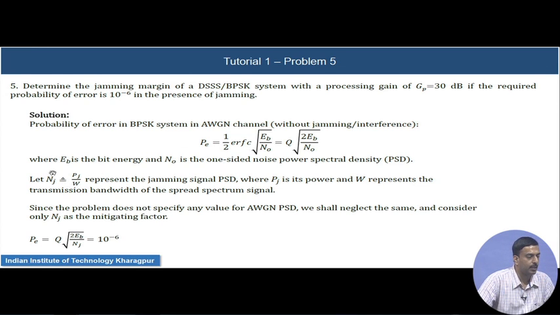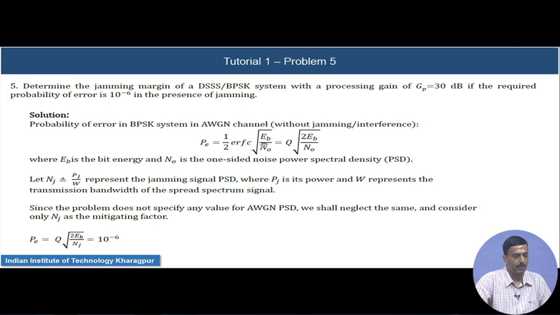So, what we do is we find out what is this ratio EB by N naught, which basically requires calculation based on the specified probability of error. Since N naught, which is the noise power spectral density in this AWGN channel, is not specified, we will neglect it and we will consider instead Nj as the mitigating factor, which is nothing but the power spectral density of the jammer.